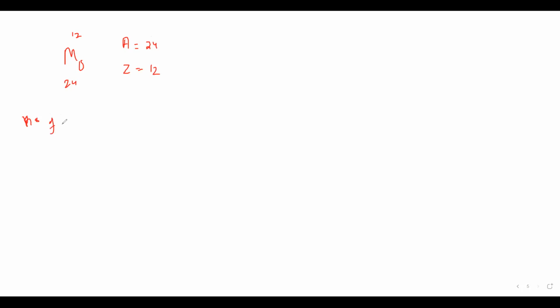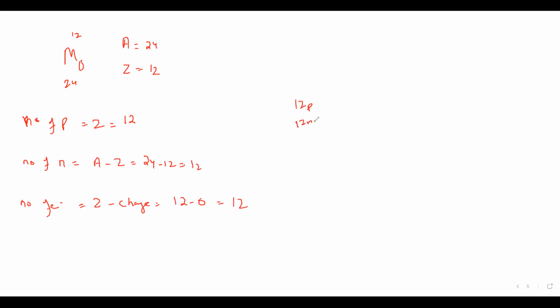Number of protons, that is given by Z. So number of protons are 12. Number of neutrons, which is A minus Z. So it will be 24 minus 12 equal to 12. And number of electrons, that is Z minus the charge. So Z is 12 minus charge is 0. That is also 12. When we draw the structure, we have 12 protons and 12 neutrons.